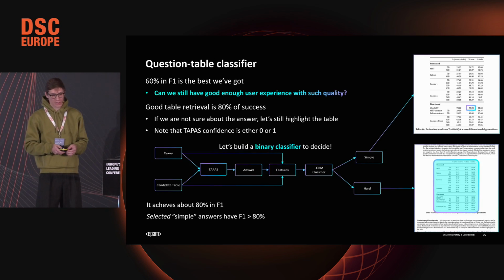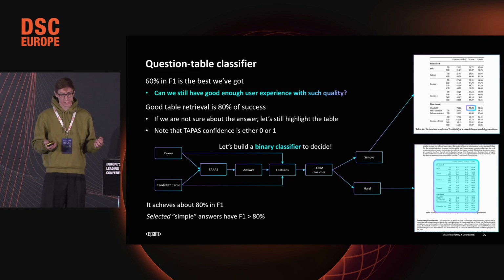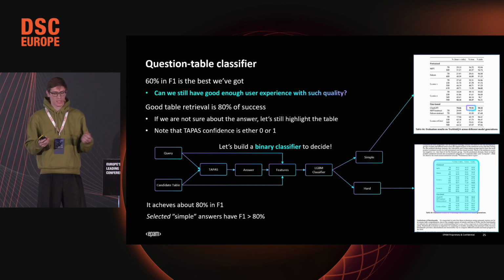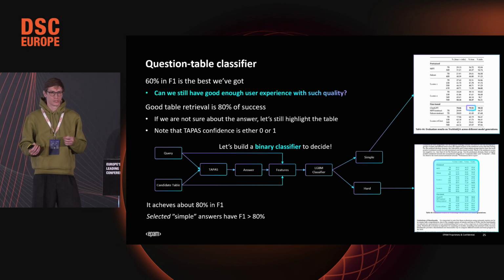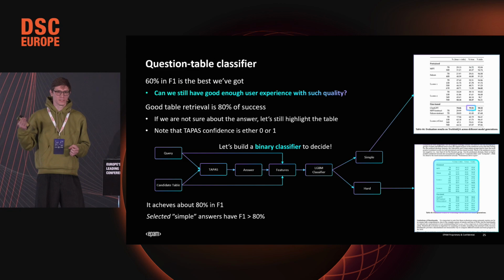So for that, we built a binary classifier. It's an LGBM-based pipeline, which uses query features, table features, and features from Tapas itself in order to classify questions as simple or hard. And again, for hard questions we just highlight the table.